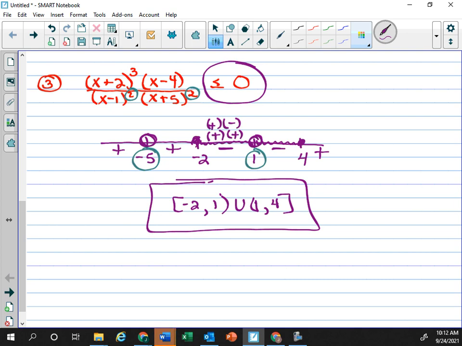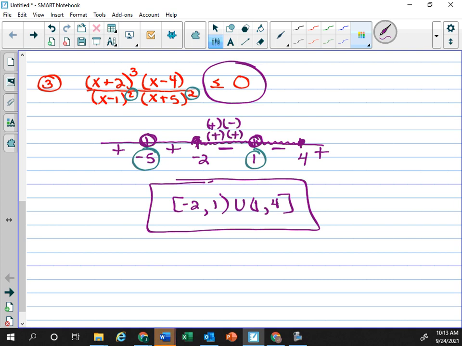So now the denominator of my fraction is 0. Is that okay? It is not. We can't divide by 0, so I can't include the 1. I also can't include the negative 5, but that didn't come into play. And you see why the negative 2 and 4 are fine? Because they're in the numerator? Okay. All right, other questions on that one?